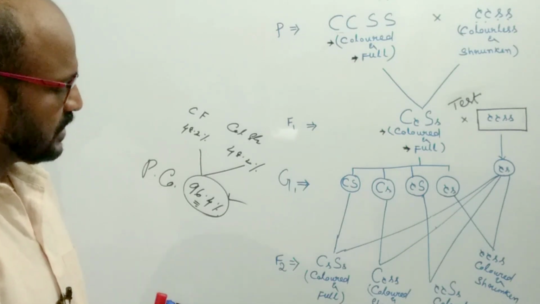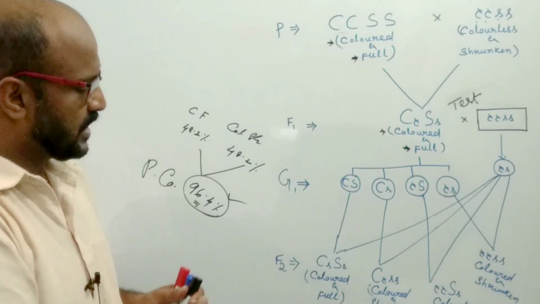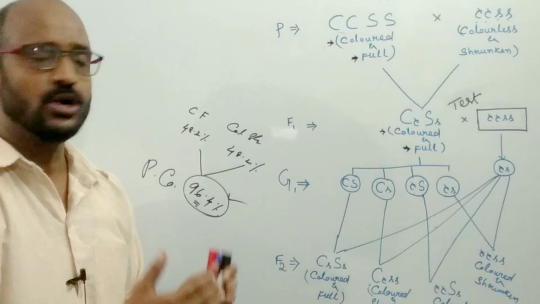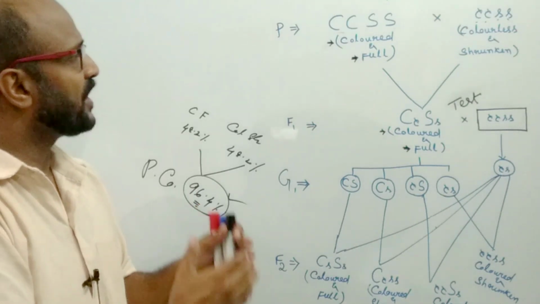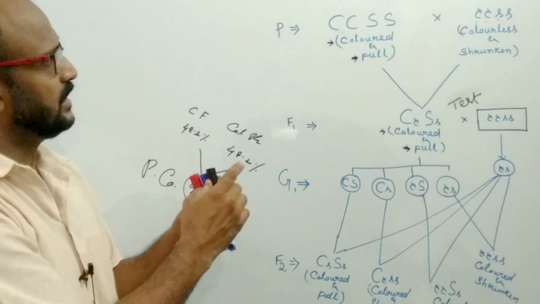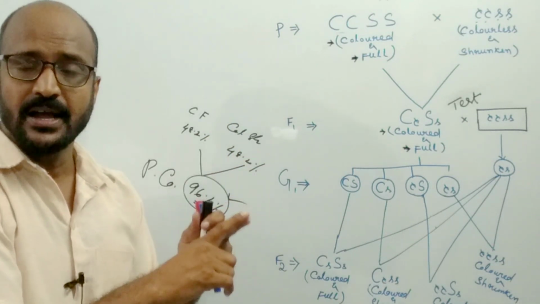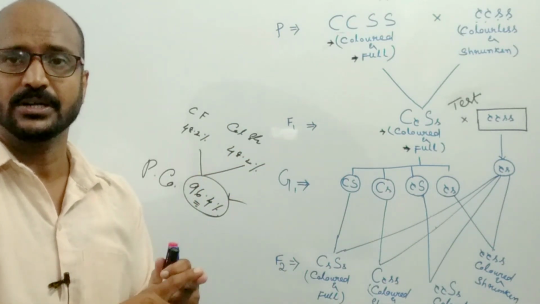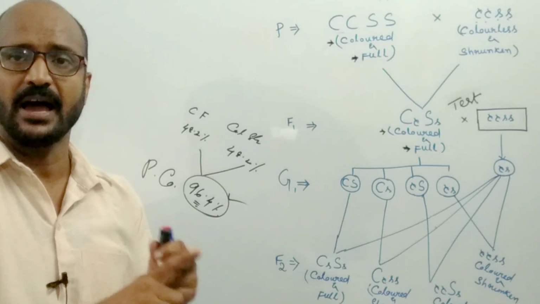He argued that the non-parental characters are produced because of crossing over, and that such linked characters tend to separate at the time of formation of gametes.